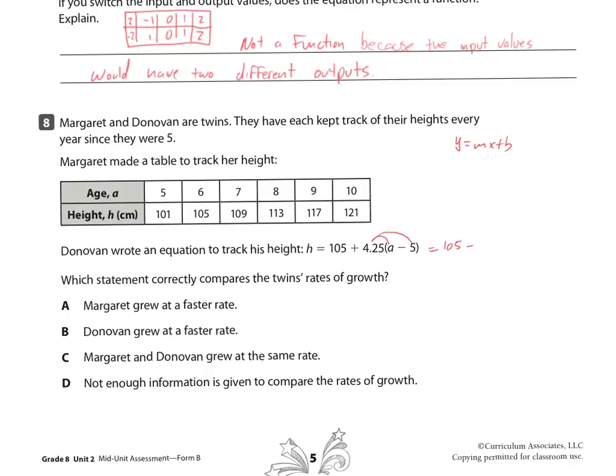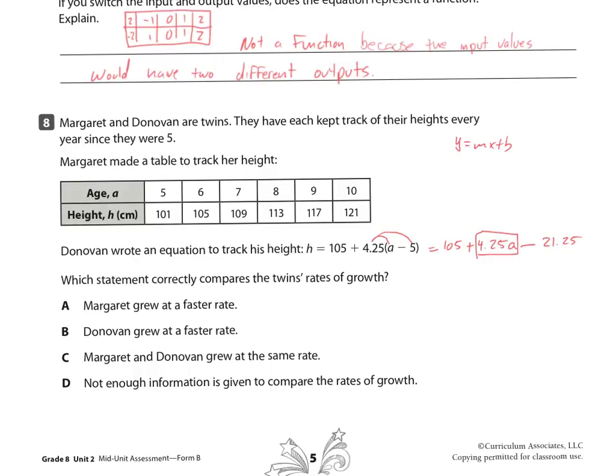105 plus 4.25a, and then you're going to get minus 21.25. Now that's still not in the form y equals mx plus b, but it's similar. The number next to the variable is going to be your slope.